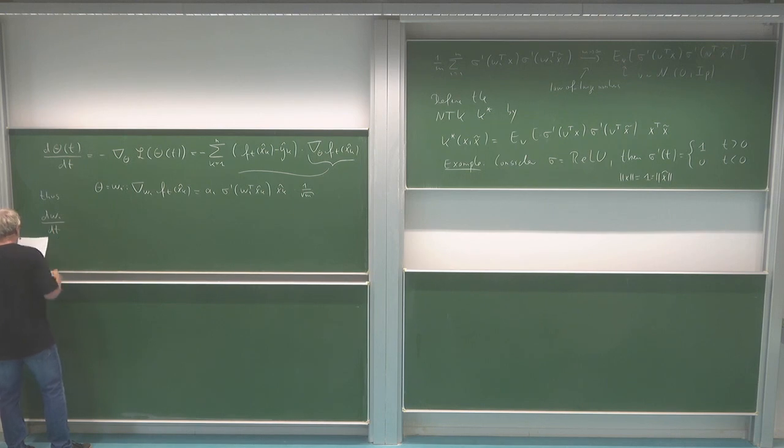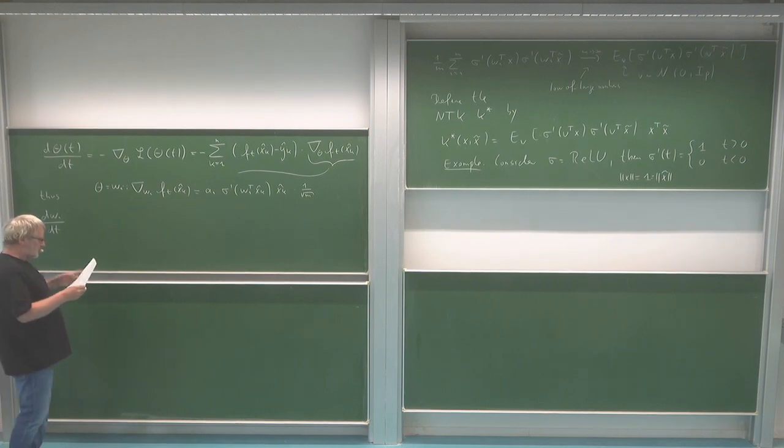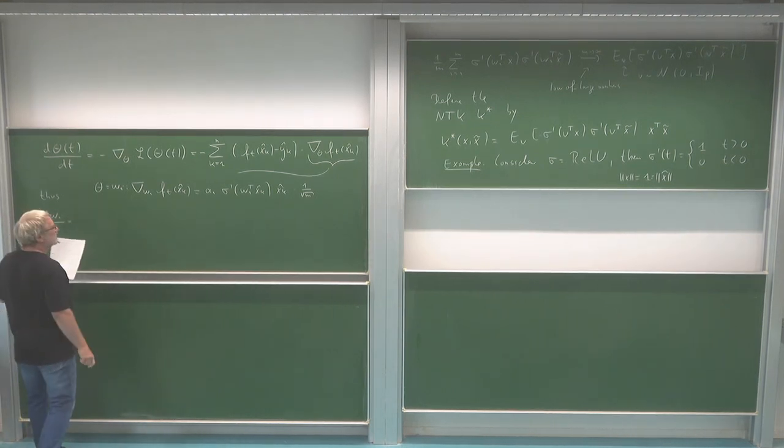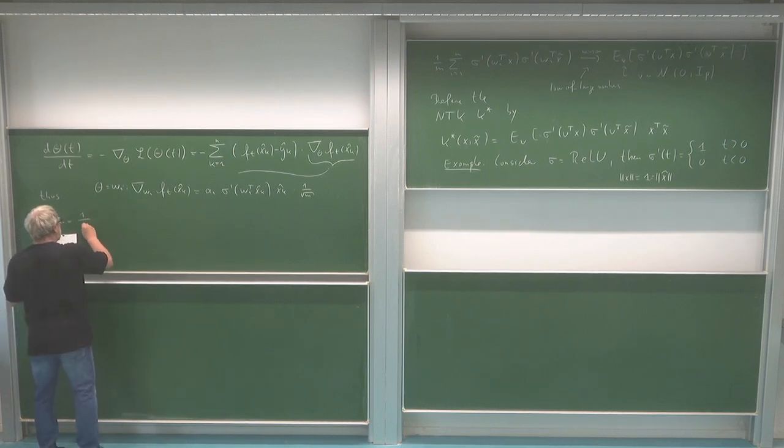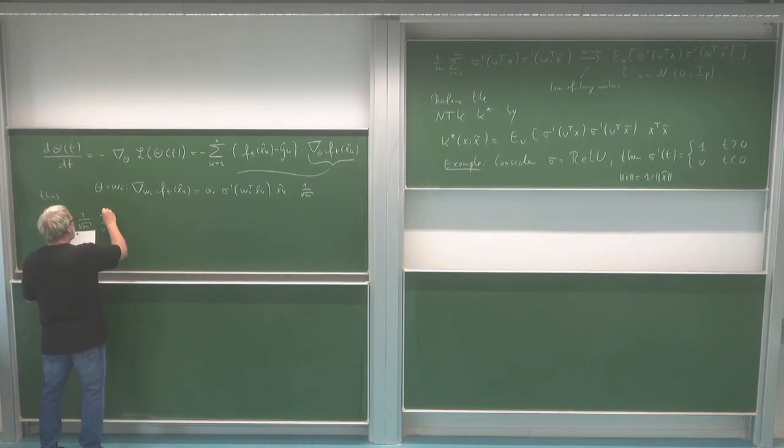The derivative of the wi, which of course depend on the time. The wi's, the parameters, are now depending on the time. They are functions of the time. So what is this? This is 1 over square root of m, sum over k from 1 up to n.